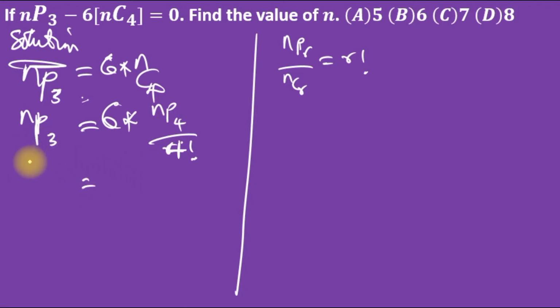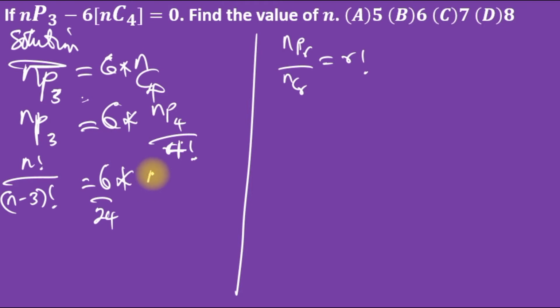And this means n factorial over n minus 3 factorial equals 6 times n permutation 4 over 4 factorial. 6 over 4 factorial is 6 over 24, and 4 factorial is 4 times 3 times 2 times 1, while n permutation 4 is n factorial over n minus 4 factorial.